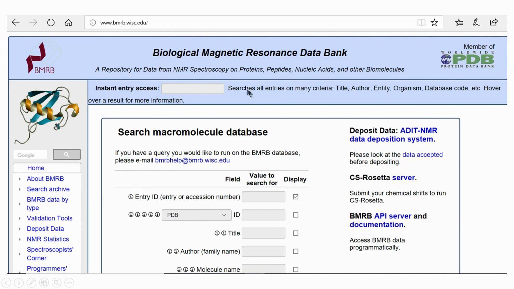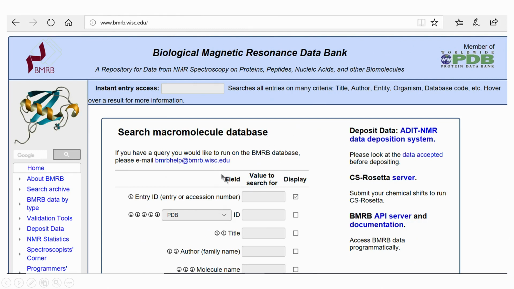That means if you solve any structure of a protein by NMR, you have to deposit the NMR data here, and the structure goes to PDB, and those two, the NMR data of that structure and the structure itself, are linked to each other. So if somebody goes to PDB and clicks on a protein structure solved by NMR, it will bring you to this website where the NMR data of that protein is available.